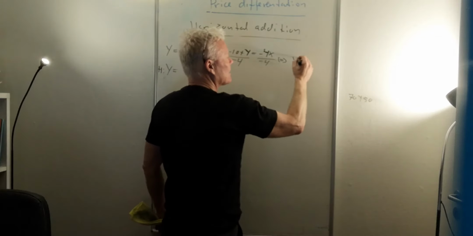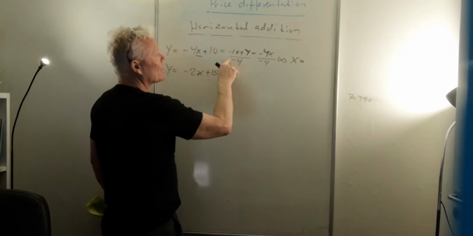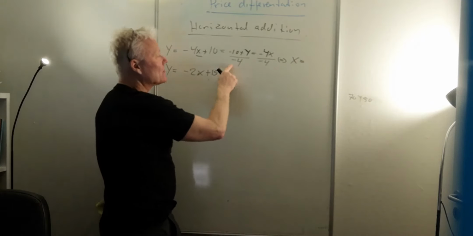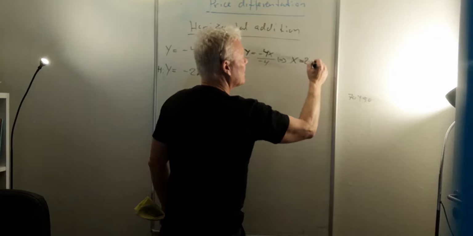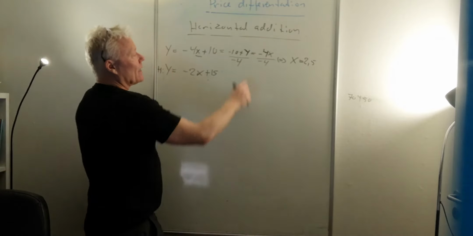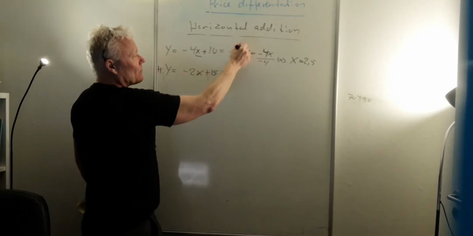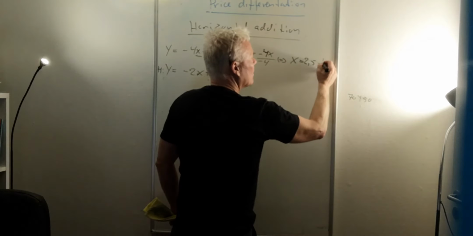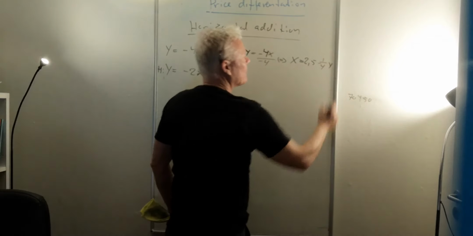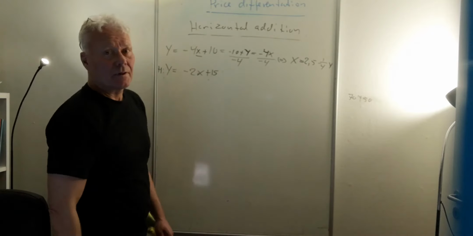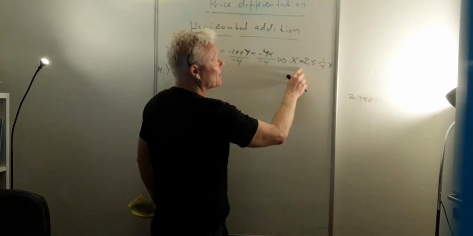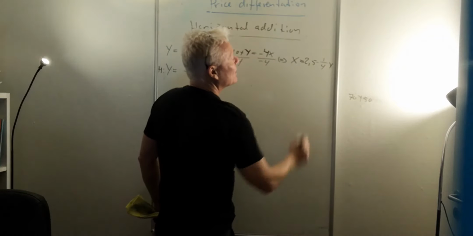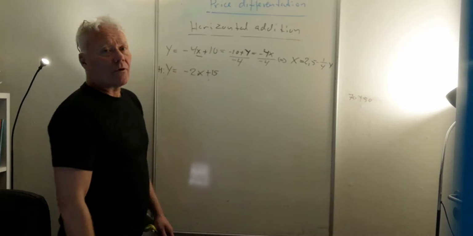So I get x is equal to minus 10 divided by minus 4, which is plus 2.5. And 1y divided by minus 4 is minus 1/4 y. So we have the expression x is equal to 2.5 minus 1/4 y.